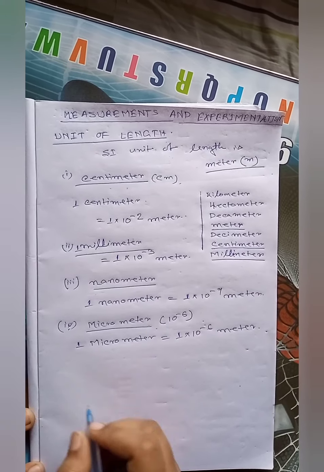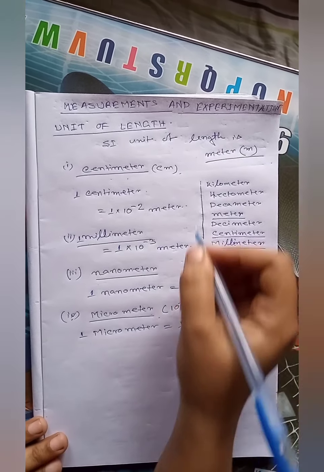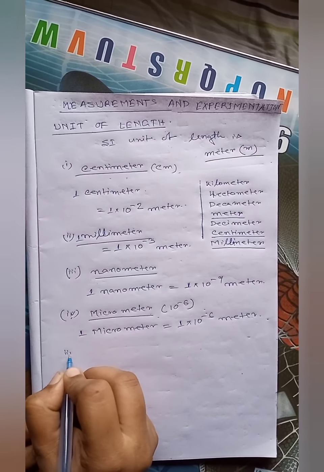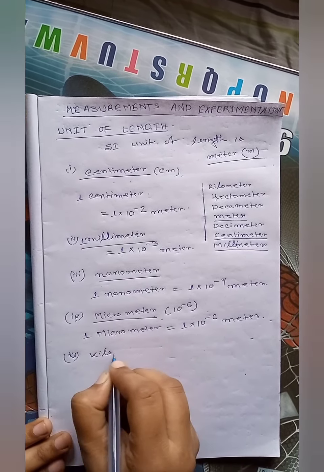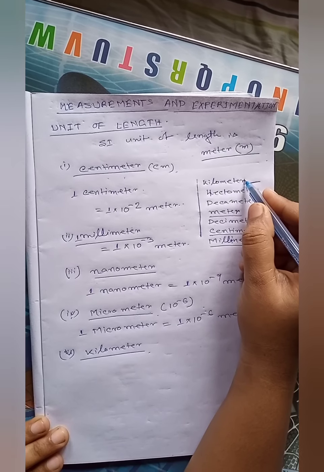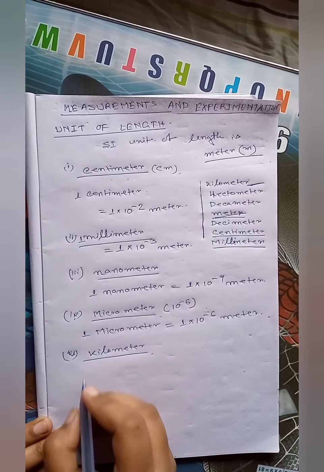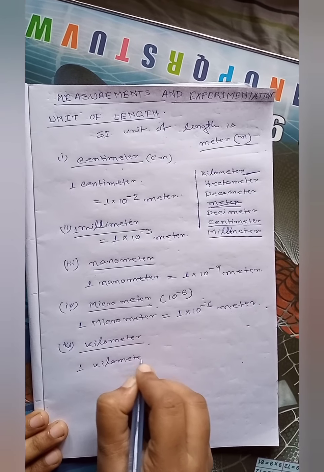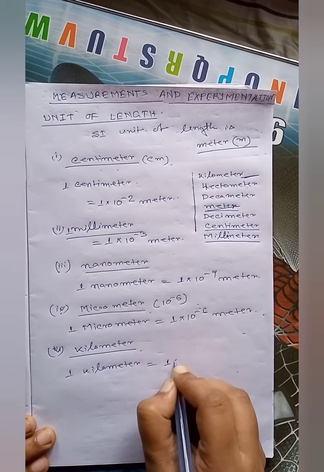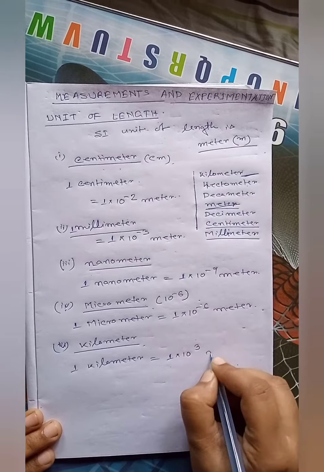Now, another is kilometer. Here see, kilometer is 3 steps above meter. That's why 1 kilometer equals 1 into 10 to the power 3 meter.